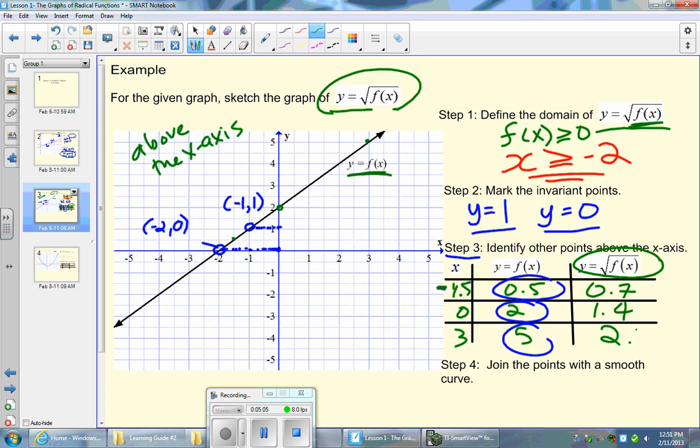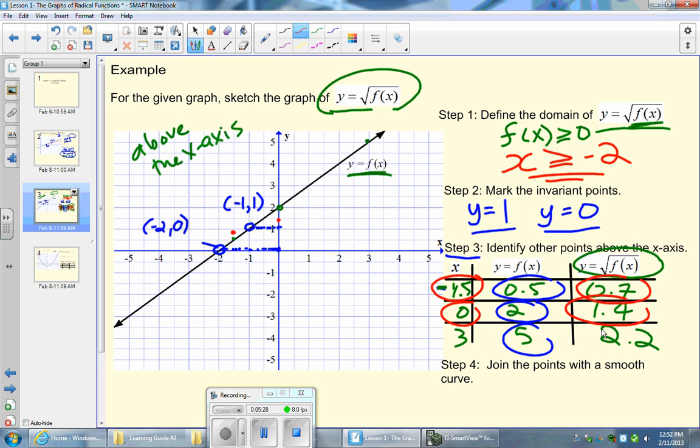So what we want to graph are these coordinates. So -1.5, 0.7. So let's graph that point first. So -1.5, 0.7 is approximately right there, okay? And then we're going to go 0, 1.4. So go 0, and 1.4 is about there.